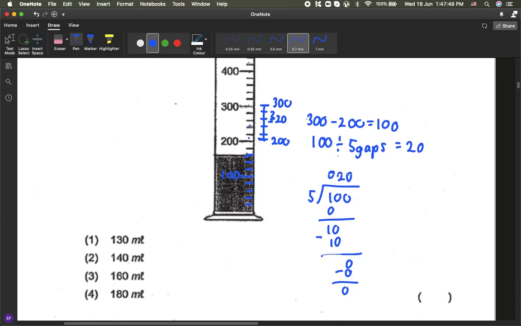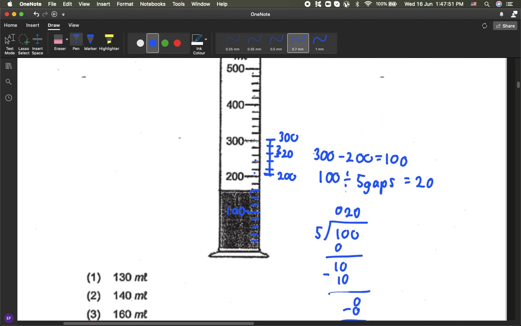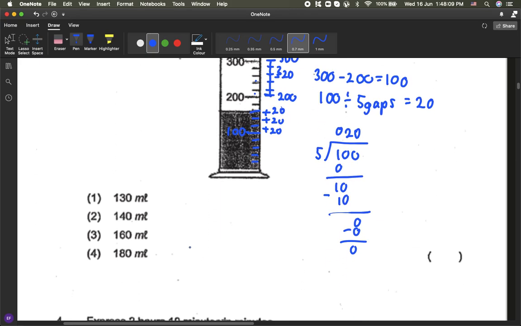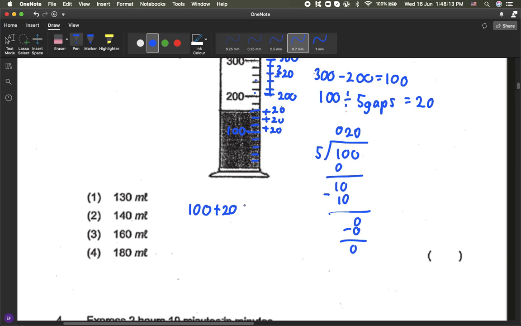Now that we know that, we can easily find the volume of the water here. So this is 100, and this is one gap, so that's plus 20, and another gap, so that's another plus 20, and another gap, plus 20. So the volume of the water is 100 plus 20 plus 20 plus 20.